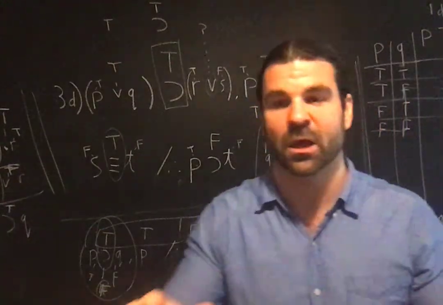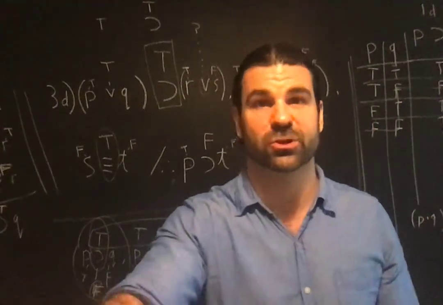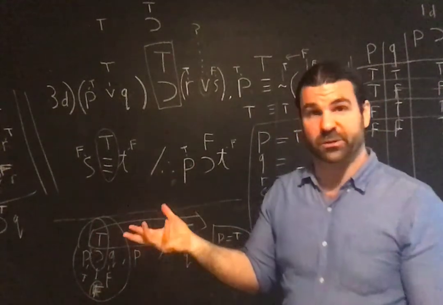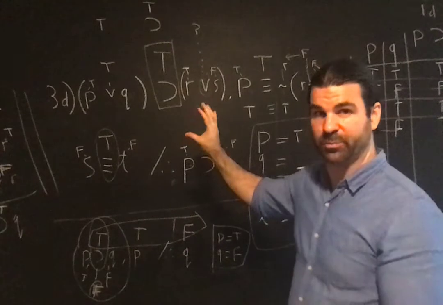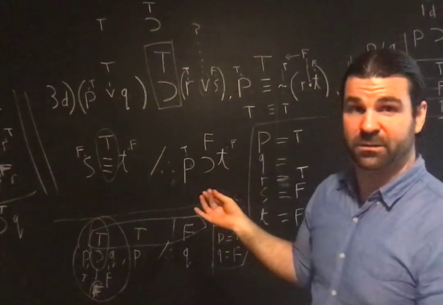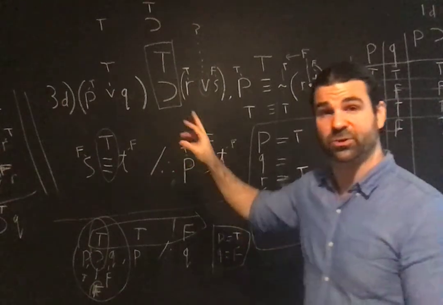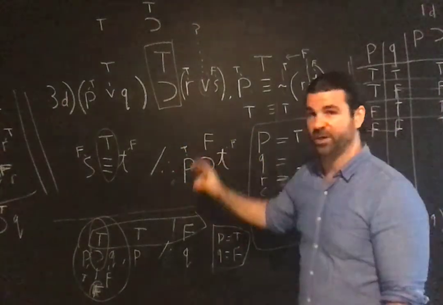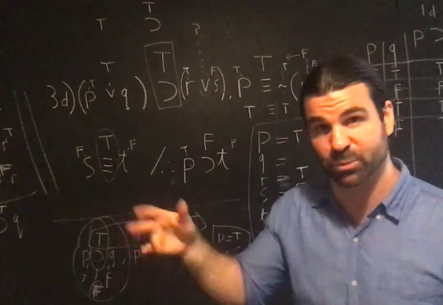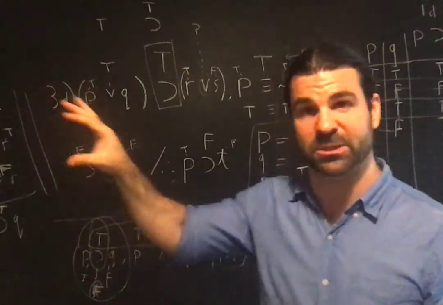My conclusion is, I can consistently assign truth values to the sentential variables, which provide me with a counterexample, which make the premises true and the conclusion false. I've shown that I can consistently assign truth values to the sentential variables that do in fact make, what my first move was, the premises true and the conclusion false.